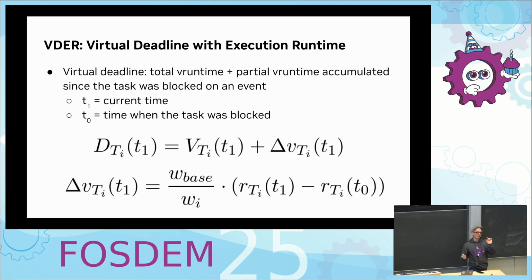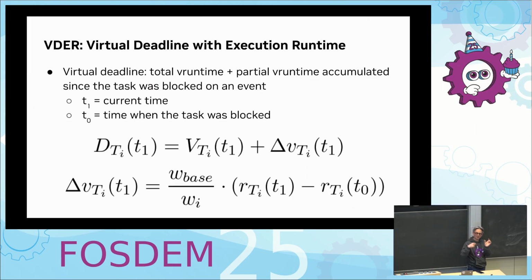So if you have a latency-sensitive task which operates in small CPU bursts and then goes back to sleep, the second element here will be really short. And then you have the vruntime that gives you fairness. So the two combined together, you can see that the deadline becomes shorter if the second part is really small.